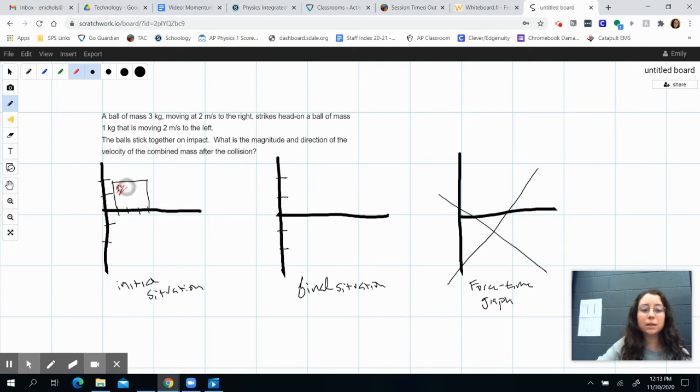And our 1 kilogram mass going 2 meters per second to the left is only going to be this wide.